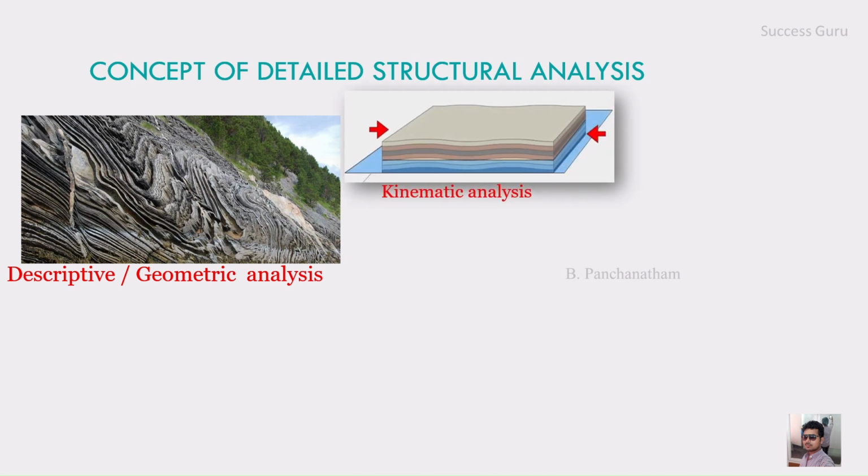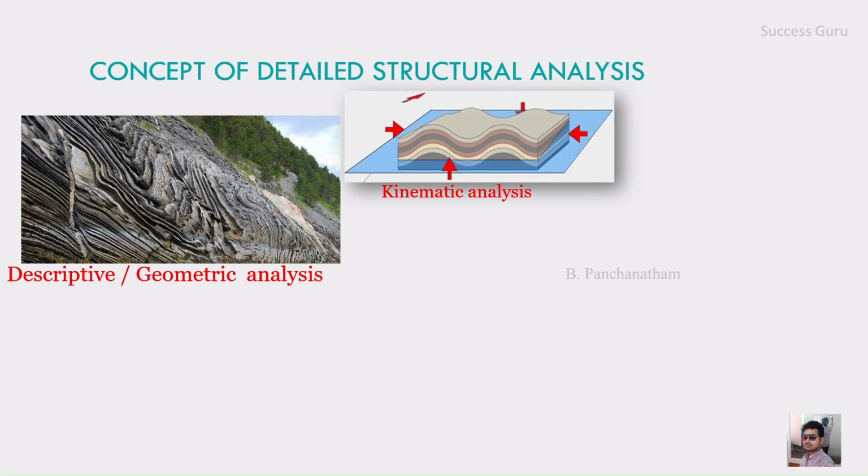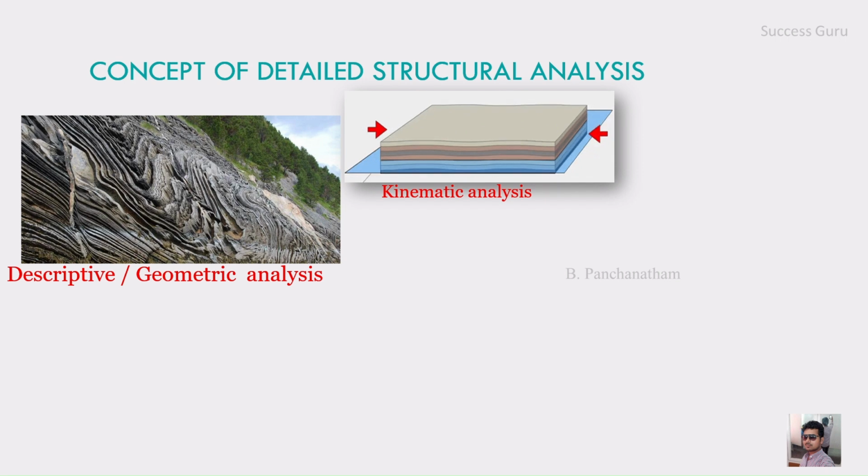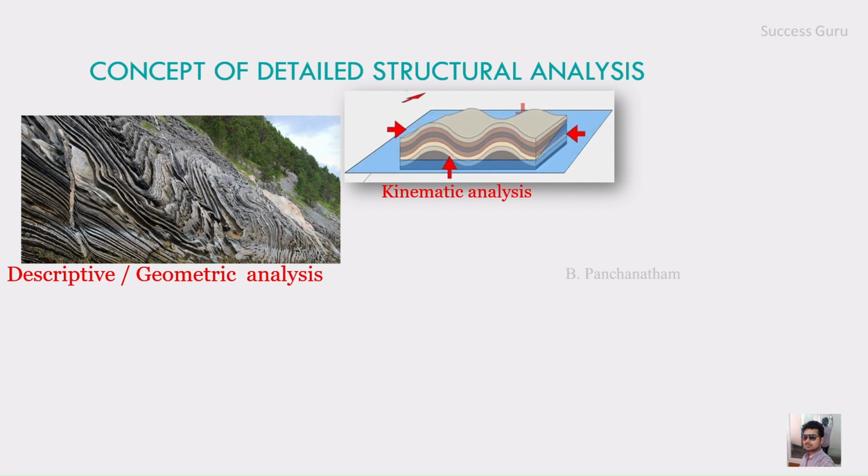The second phase is the kinematic analysis, which is the displacement as well as the strain. That is, describing the deformation history, especially the strain, the displacement, the rotation and deformation path as kinematic analysis. So that is what he is trying to explain in this phase of analysis.